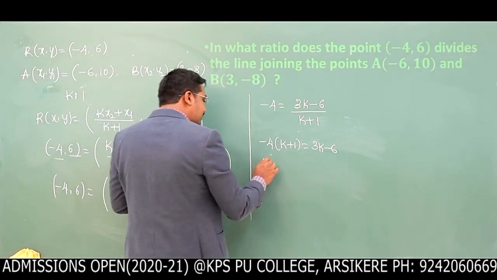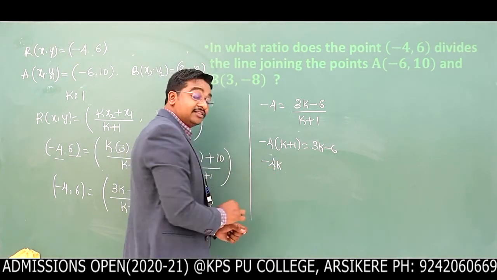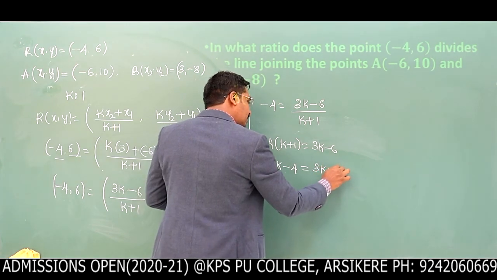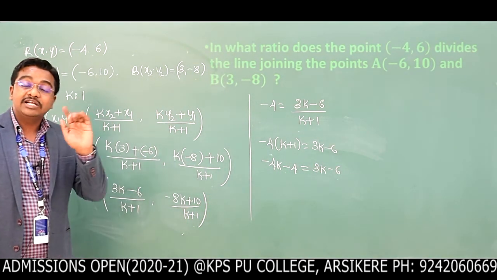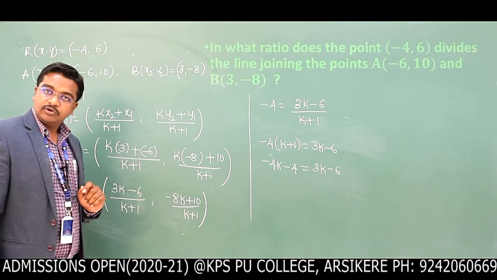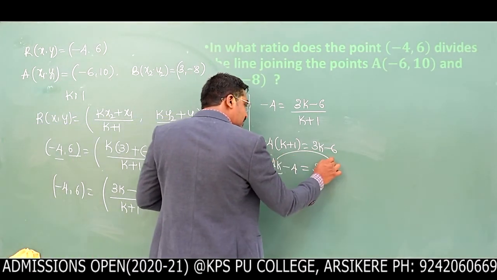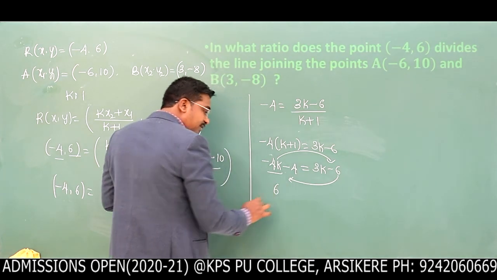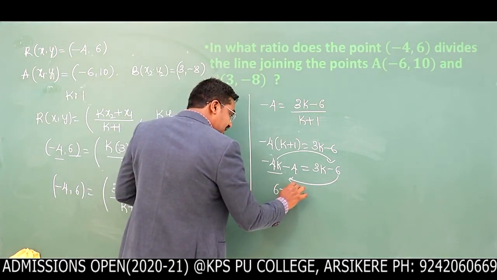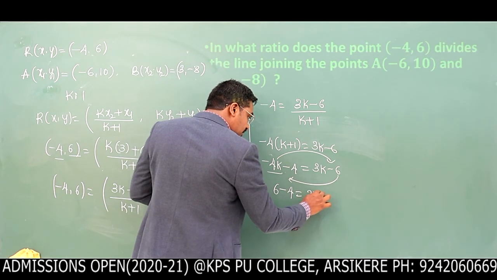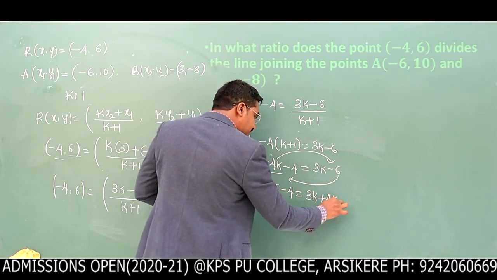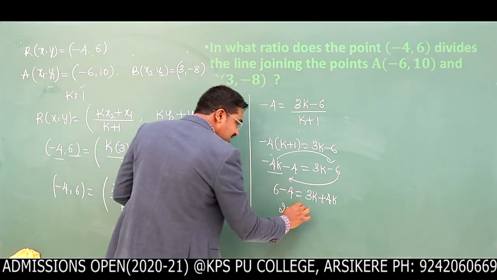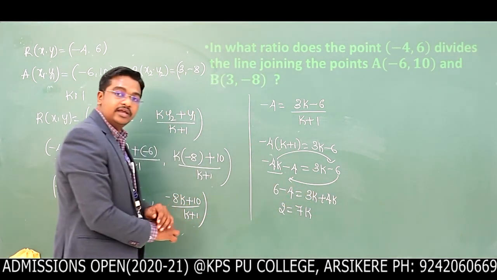Now multiplying by minus 4: minus 4 into k is minus 4k, minus 4 is equal to 3k minus 6. Now let's take all k terms to one side and the remaining terms to the other side. I will transfer this term to the right hand side and minus 6 to the left hand side. Then minus 6 becomes plus 6, minus 4 as it is, equal to 3k plus 4k. 6 minus 4, very good, the answer is 2, is equal to 7 into k.